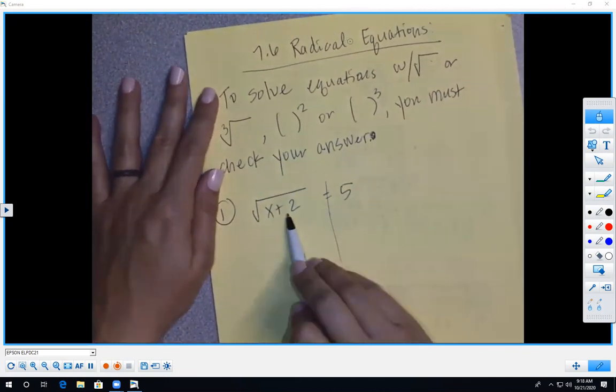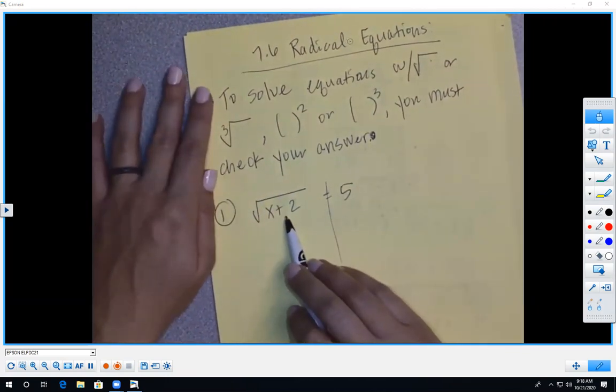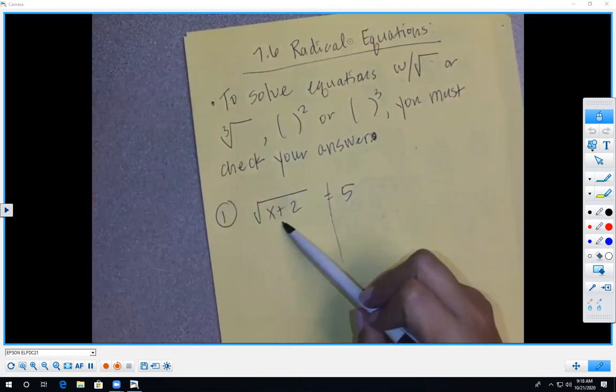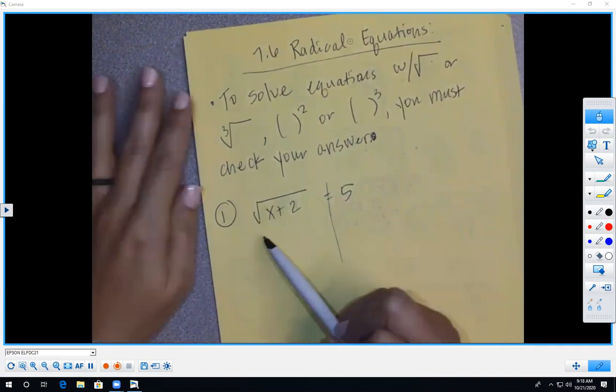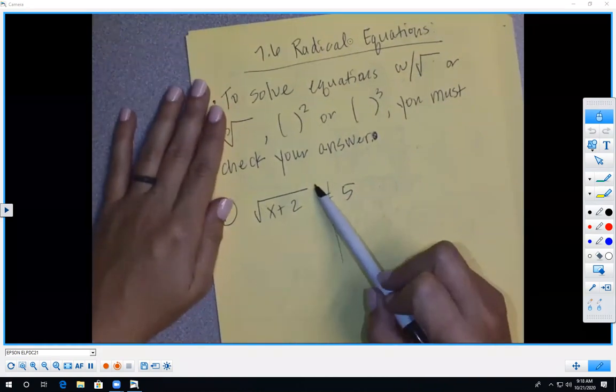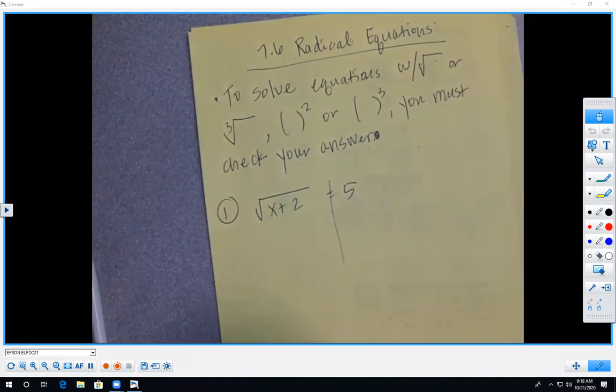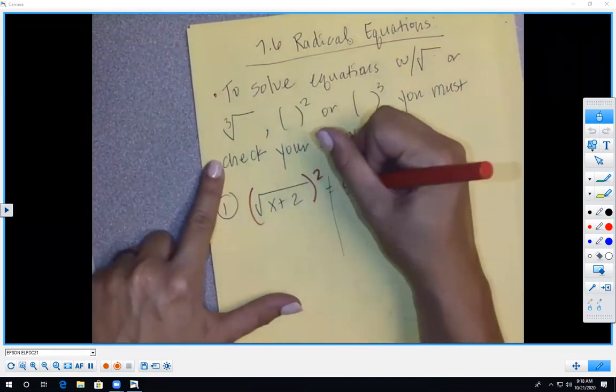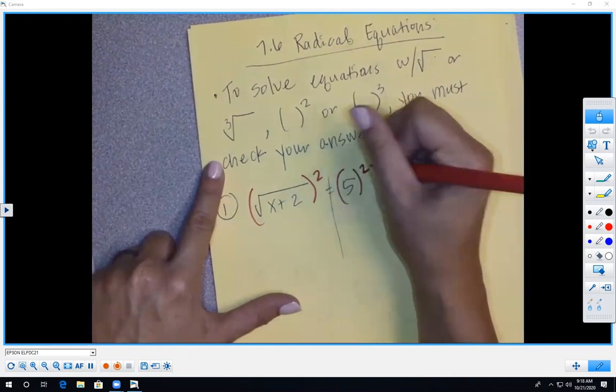We have X plus 2. How are we going to move the 2? Yeah, we're going to square it first. But the way you'd move the 2 later on is to subtract it, right? We also have a square root. How do we undo a square root? Square both sides, okay? So the first thing I have to do is undo the square root. So I need to square both sides.